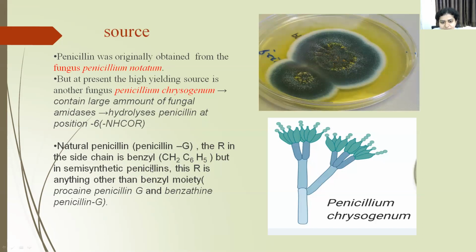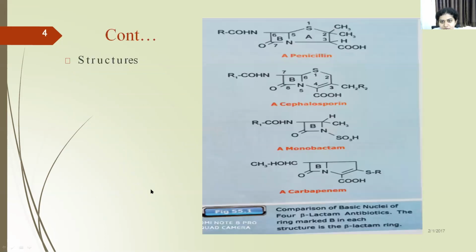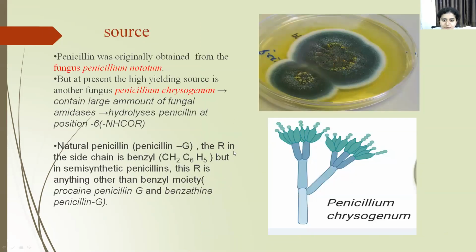But in semi-synthetic penicillins, this R group is anything other than the benzyl group, for example procaine penicillin G and benzathine penicillin G. So natural penicillin has a benzyl group, whereas semi-synthetic penicillins have another substituent.